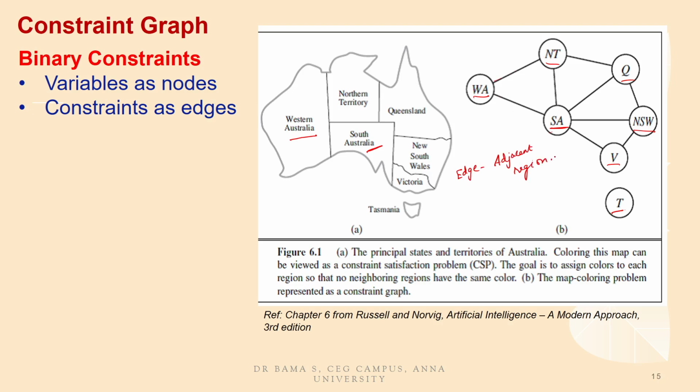This is an example of a binary constraint. Why? Because this arc is supported with the nodes WA and SA. So, if we assign red to SA, WA should not be equal to red. That is why we convert this to a graph.